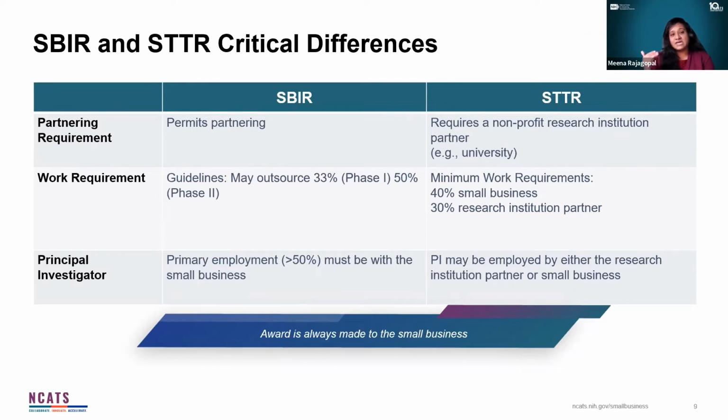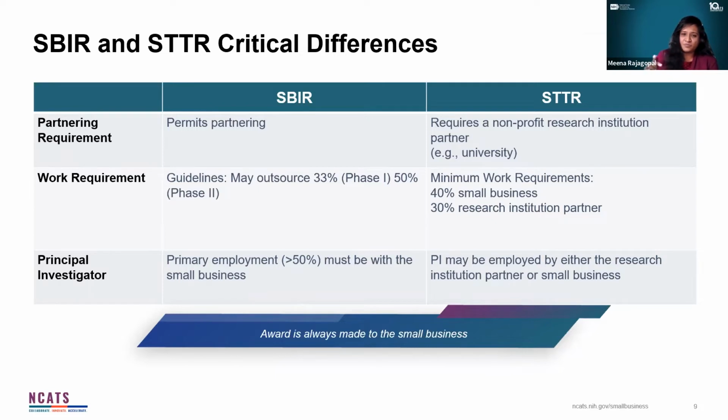There are also other guidelines with regard to work requirements that differentiate between these two programs. For instance, under the SBIR program, a small business can outsource up to about 33% under phase 1 and up to about 50% under phase 2.